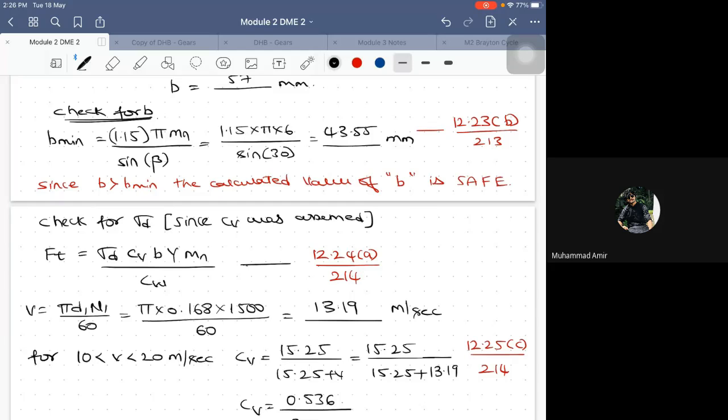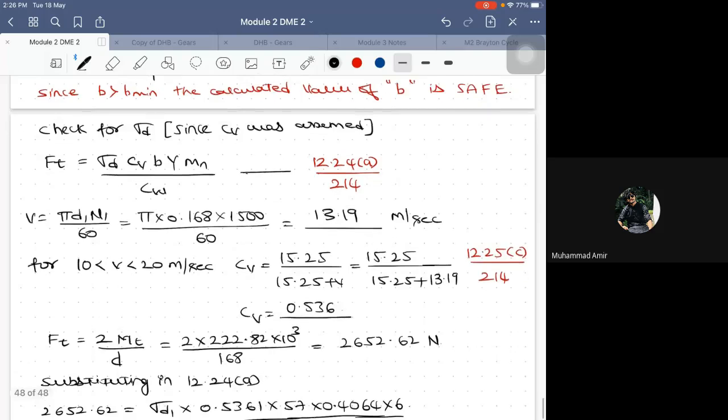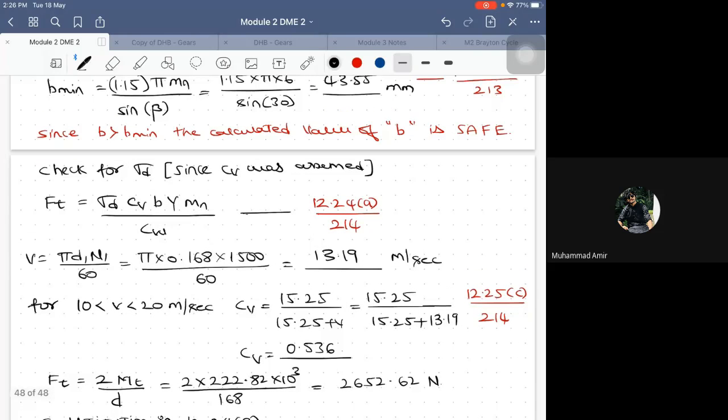0.536 is the value. Next, go on with the calculation of FT, which is 2 times MT divided by D. D is 168, which you have calculated, and the MT value is 222.82 into 10 to the power of 3 Newton mm. That's what I have substituted. From that, you can get the value of FT as 2652.62. This is a textbook value. Please check it. I never trust the textbooks. There are many mistakes even in JPK Das, even in Raghavendra.